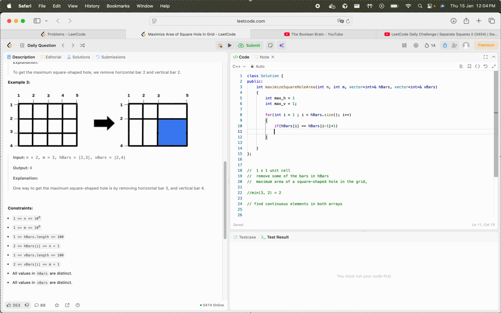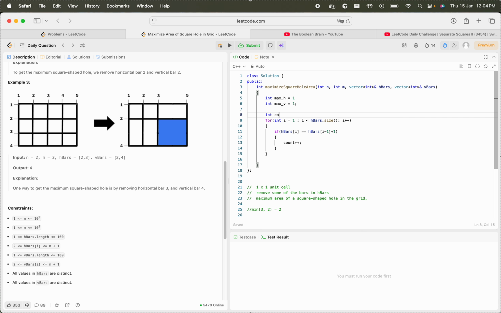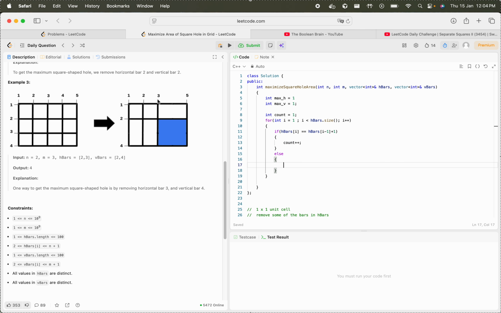If it is exactly increasing, I need to increase the count. You might ask, where is the count? I will declare a count here. Initially assigned to 1. Why 1? Because each element is considered to be a starting point. Else, if there is no increasing element, I can simply reset count to 1.